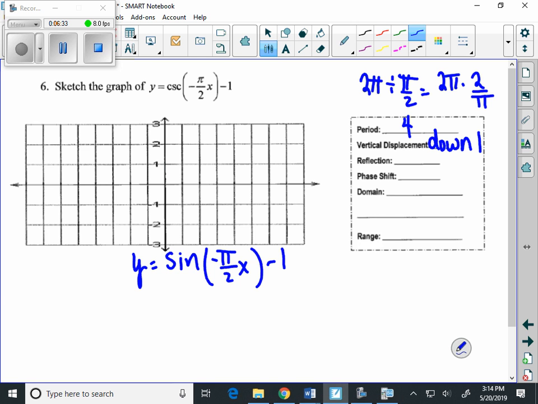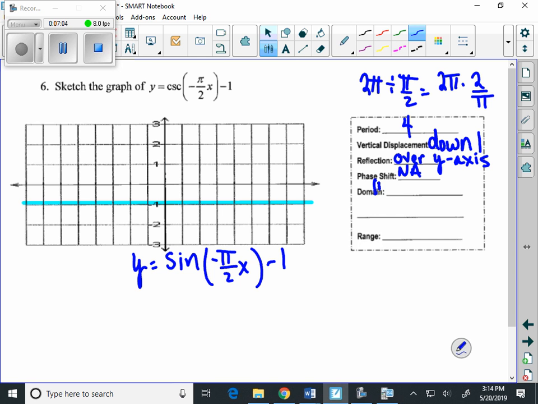Our vertical displacement, we've got a minus 1 at the end. We're going to go down 1, and in fact, I'm going to put in a highlighted mark right now because I don't want to forget it. So here's our down 1. Reflection. The reflection inside the function, which is going to be over the y-axis. We don't have a phase shift.